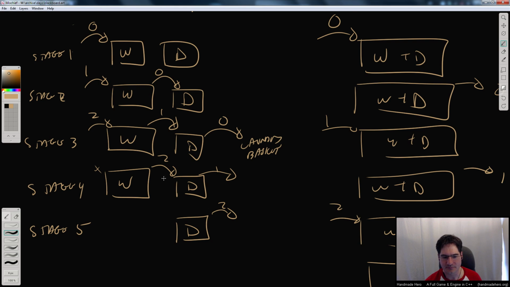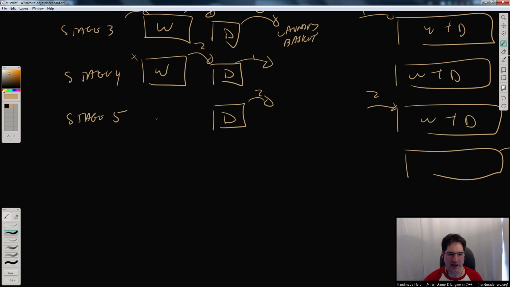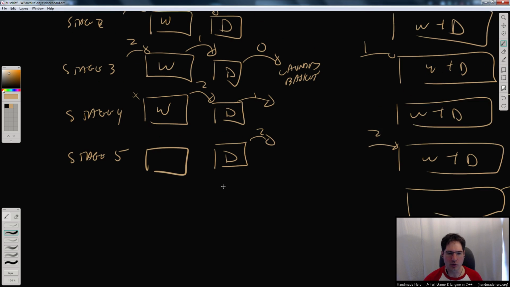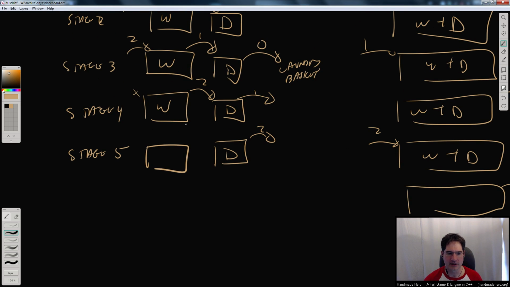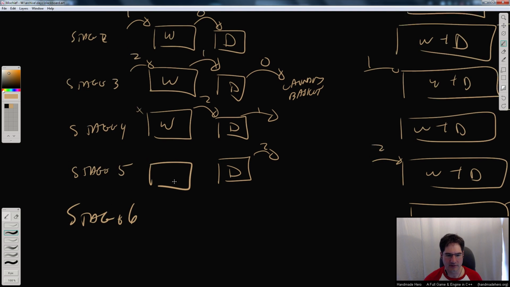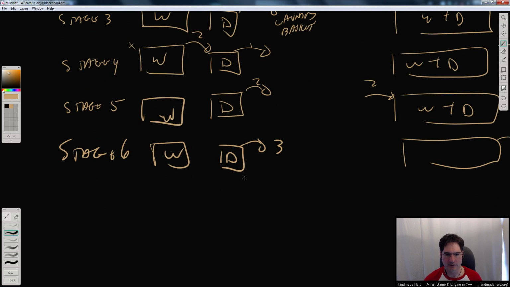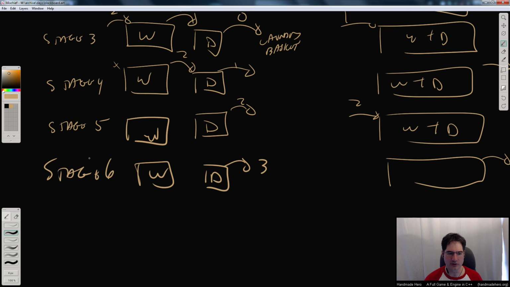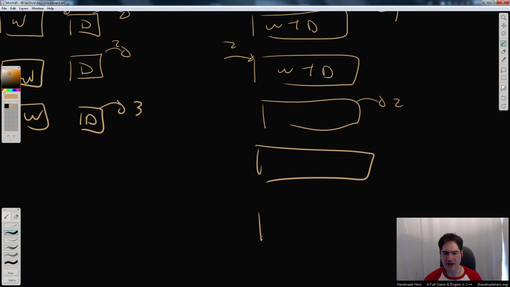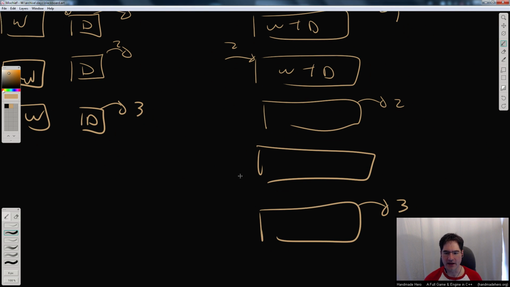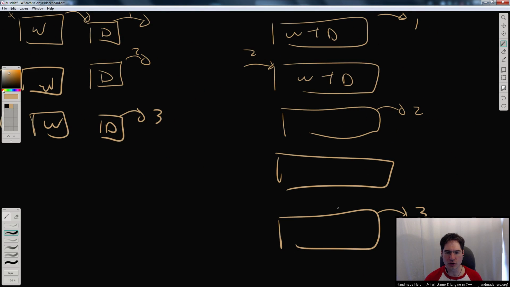And if I keep going, it gets worse and worse for this mode. So if I'm in stage 5 here, let's say I go to stage 6, here's my washer, dryer, right? Out comes 3. If I wanted to do it here, I would have to go to 8 to get 3 out. And so now we're a whole 2 faster.